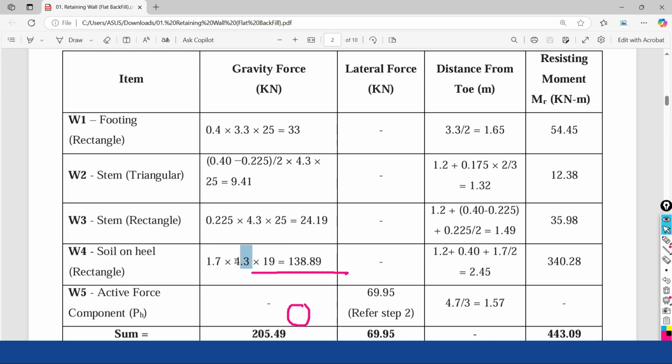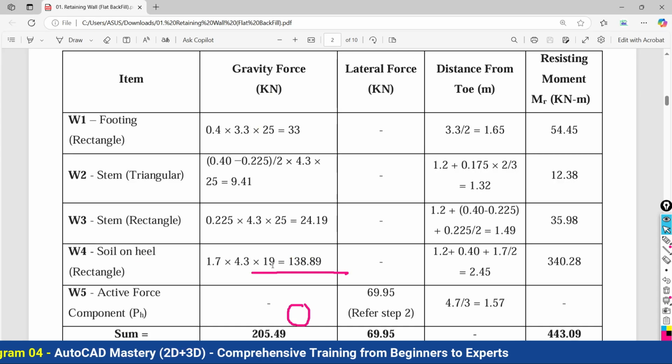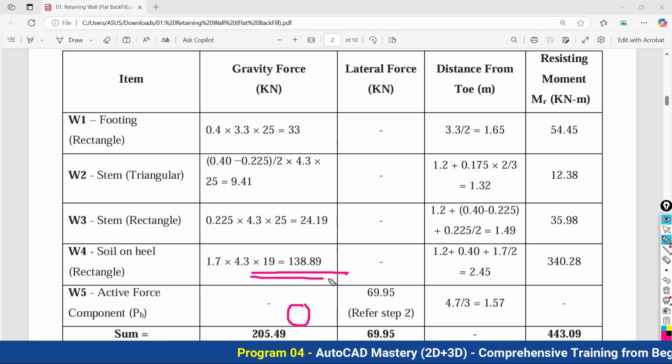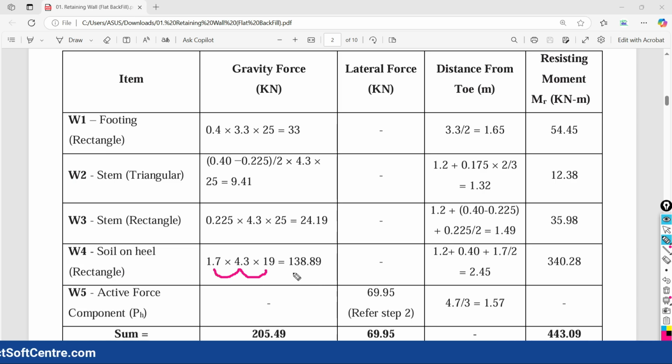The density of the material, now it is not concrete, it is soil, and the soil density in our problem statement is given as 19 kilonewton per meter cube. So I am going to multiply with that 19, 4.3 multiplied by 1.7. So the load concentrated due to the soil is 138.89 kilonewton.